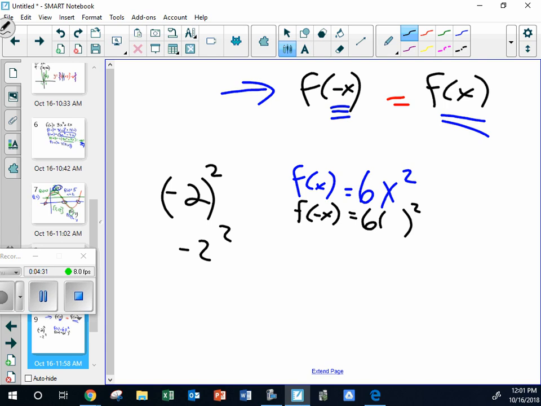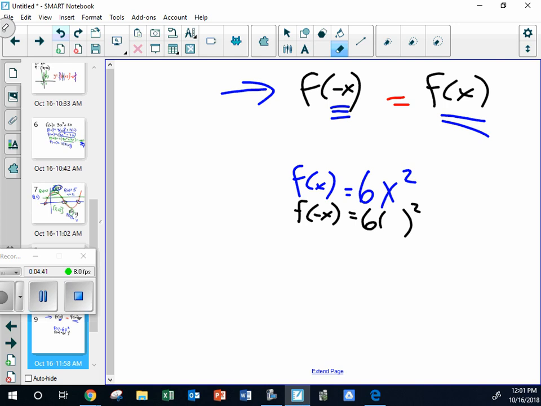So you've got to remember that f of x, if you replace the entire function, you'd have a parenthesis around where the function was. If you replace an x, like this x right here, this x has to be replaced with a parenthesis in which you drop negative x. Final answer, f of negative x is equal to 6x squared, which is what it was in the first place.